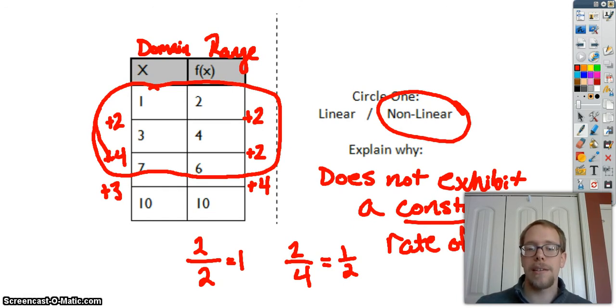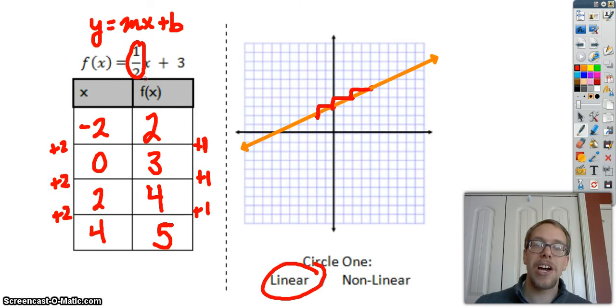And I know that was a lot to pack into about 10 minutes, but the main goal here to understand is linear functions have a constant rate of change. Notice my rise is 1, my run is 2. My slope here is 1/2, rise over run.